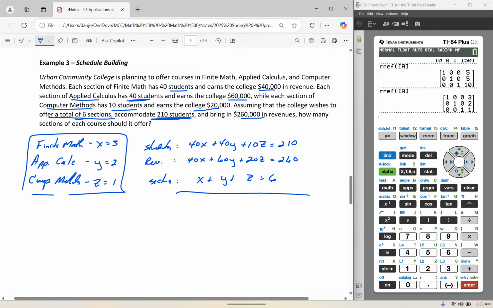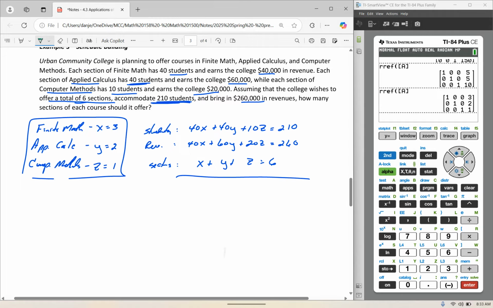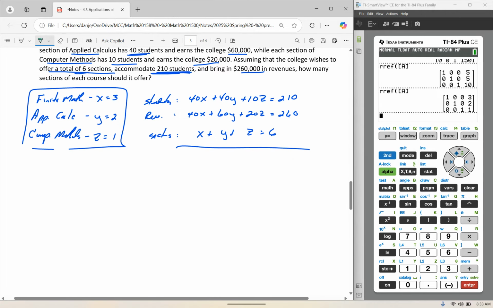Goes fairly quick with the calculator, but one thing I will show you, I'm going to change colors just to highlight a difference here. Notice 40x, 40y, 10z, 210, they're all divisible by 10. I can change that equation to 4x plus 4y plus 1z equals 21. I divided the entire equation by 10.